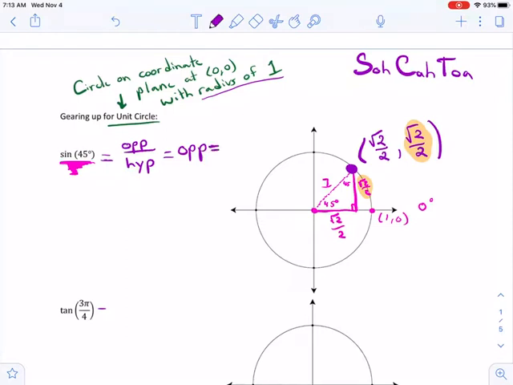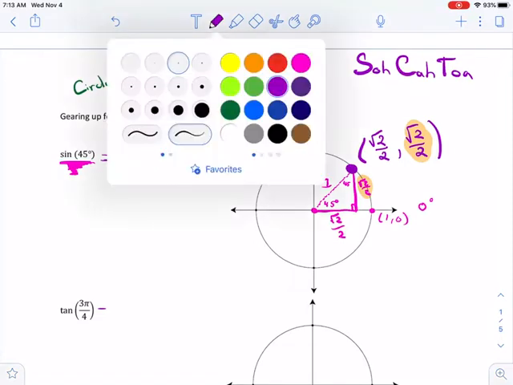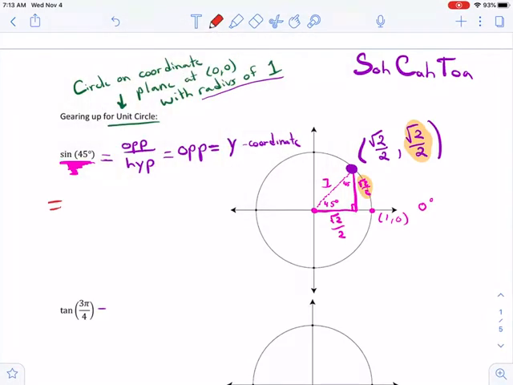And for the triangle that we have drawn, that is the same thing as our y coordinate. So sine of 45 degrees is going to be the square root of 2 over 2. I get that from my triangle. If I'm ever calculating sine, know that it's just going to be our y coordinate, because it's always that opposite side from that angle that I have drawn.